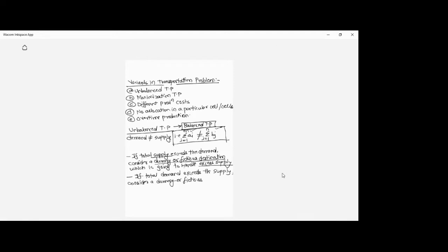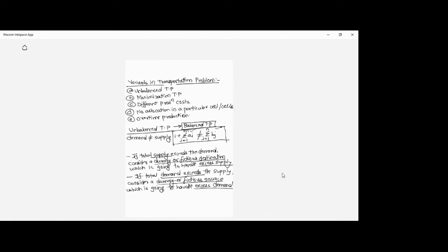Here we'll have to consider a dummy or a fictitious source which is going to handle the excess demand, right? Here again, very important, demand is exceeding. So we consider the dummy or fictitious source which is going to handle the excess of the demand, right?